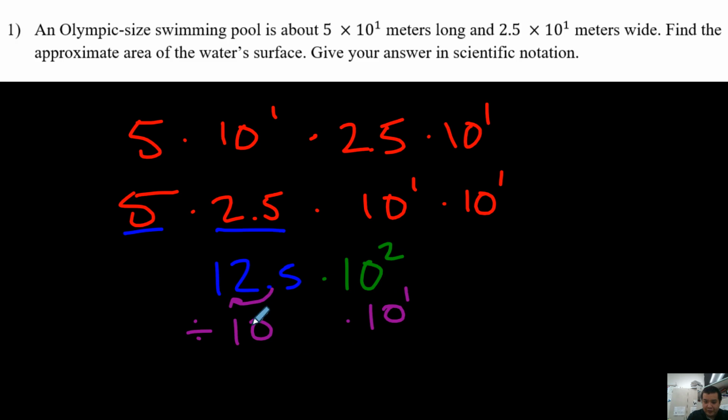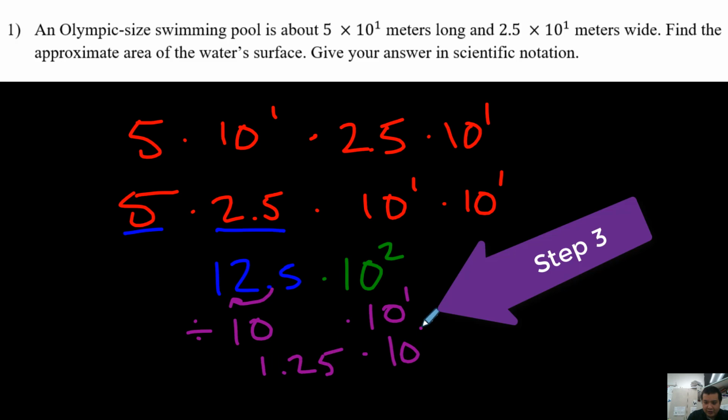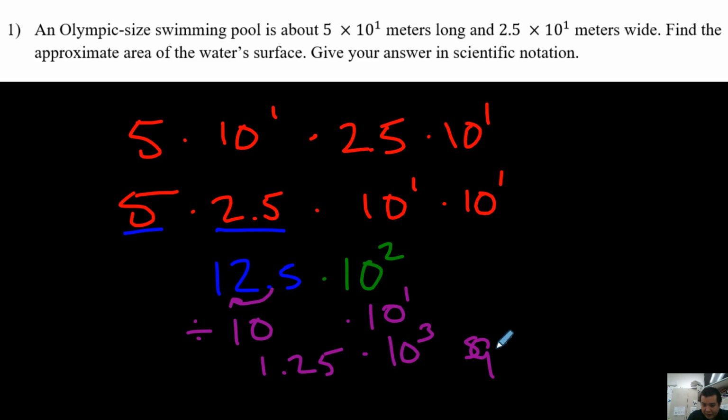So therefore, we get 1.25 times 10 to the third square, because we're doing square. That's how you spell it. Nope, that's not how you spell it at all. It's just S-Q-U-A-R-E, square meters, because this is area, so we're going to have square meters. Okay.